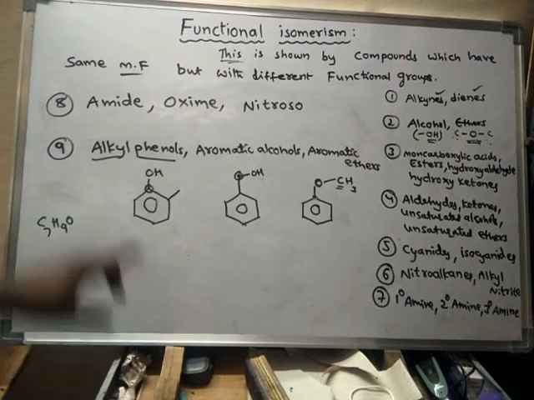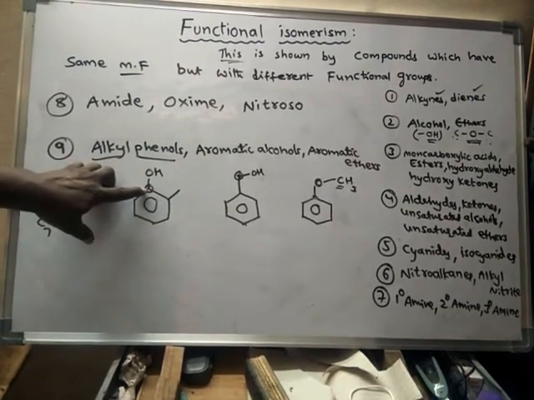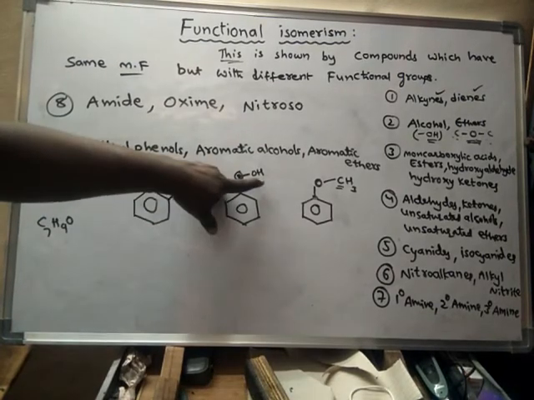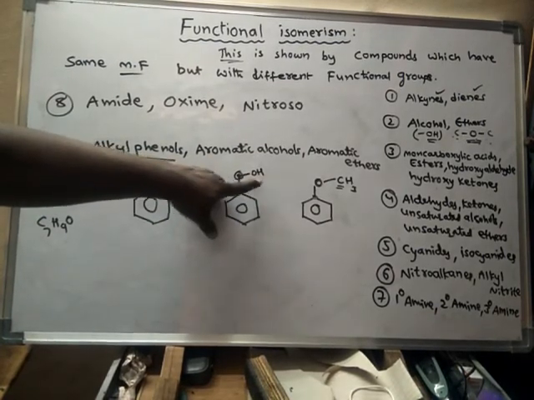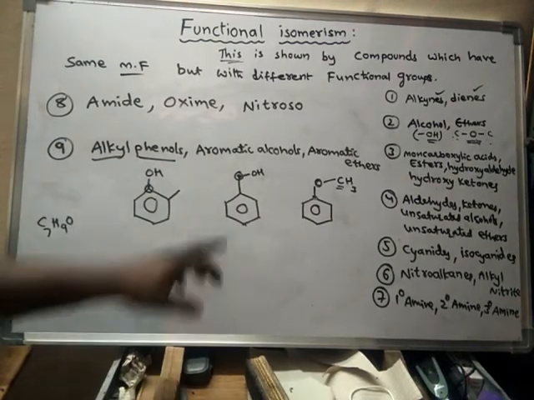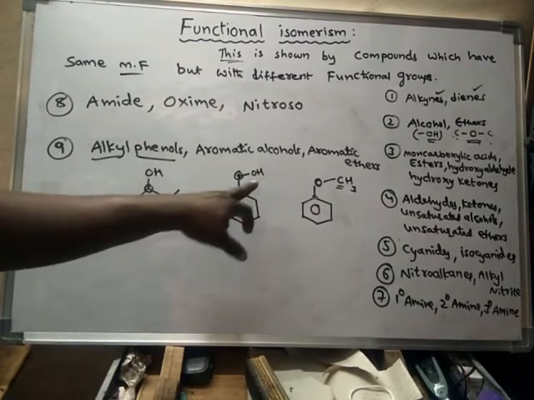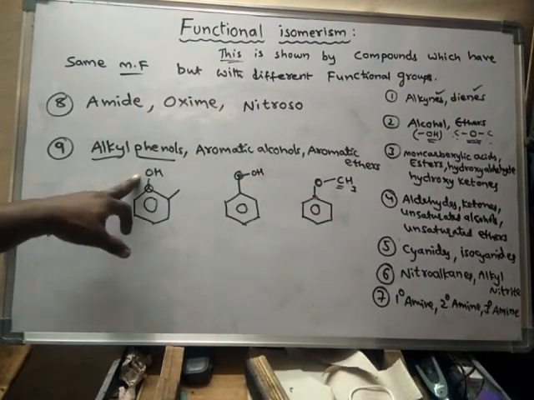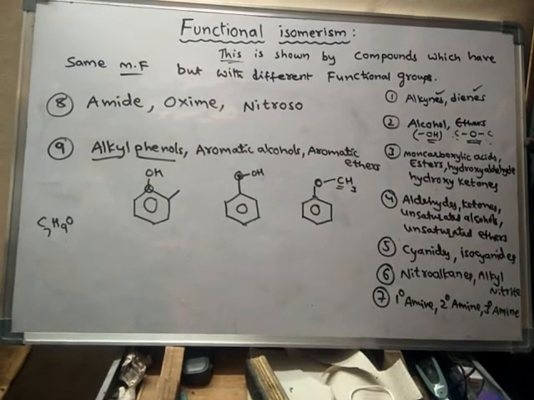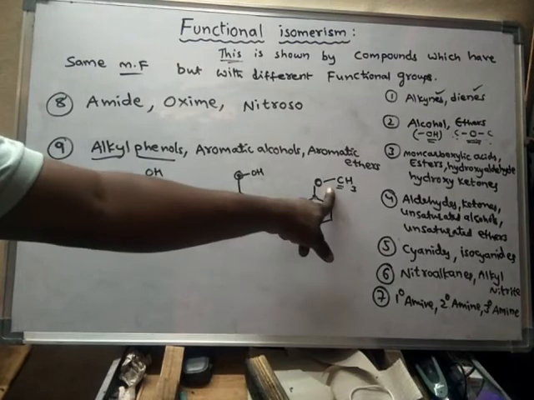Why? Because in this case, the OH group is attached to the carbon which is part of the ring, but in this compound, the OH group is attached to a carbon which is not part of the ring. Hence its behavior will be different, and the properties of this one will be different from the properties of this one. And this is an ether functional group, which is different.